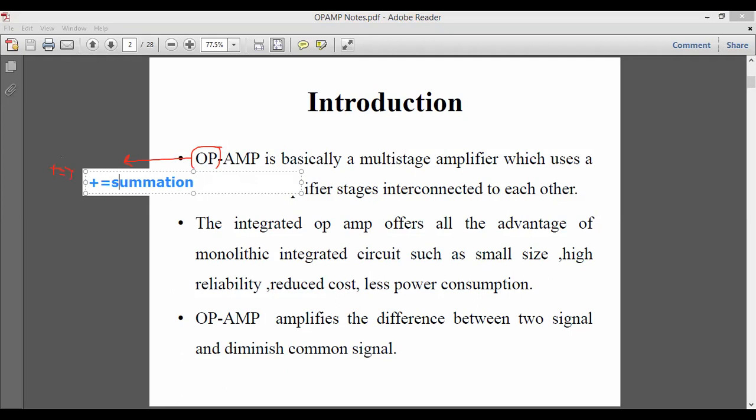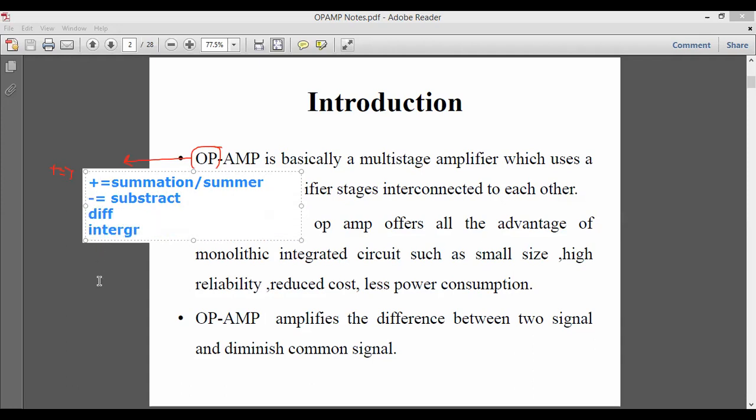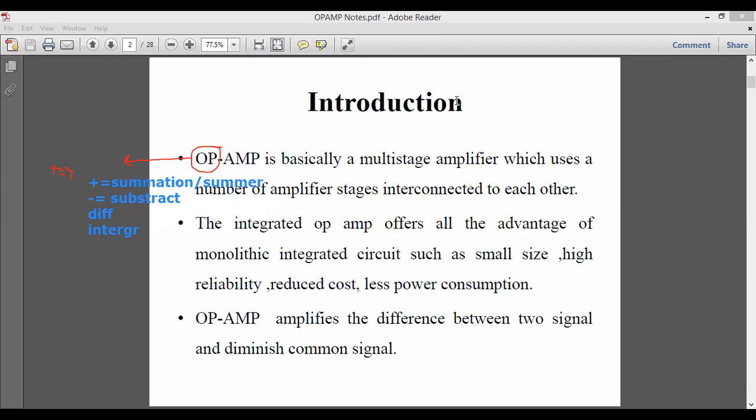Like I can go for designing of a summing amplifier, or simply call it a summer. Then we can also go for designing of the subtractor. The minus sign belongs to subtract. So we can go for subtraction, differentiation, integration, etc. Right. So the term operational represents that we can go for multiple operations by making use of this operational amplifier.